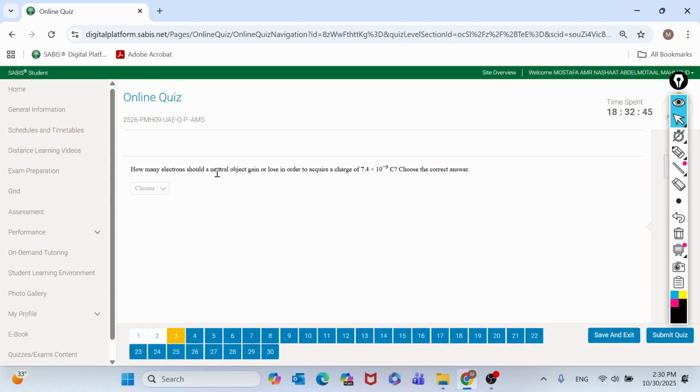How many electrons should a neutral object gain or lose in order to acquire a charge of 7.4 times 10 to the power of negative 9 coulomb? Okay guys, look, there's a formula. Q, which is coulombs, equals number of electrons times the charge of an electron.